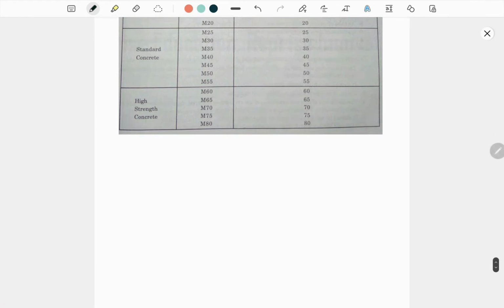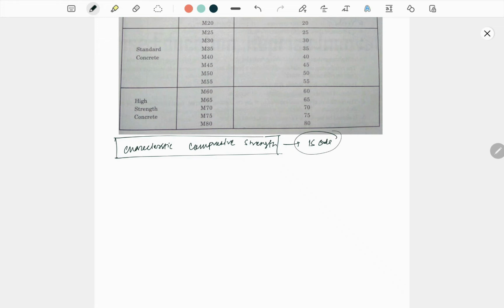So what is characteristic compressive strength? I have already discussed this in my IS code lecture series.